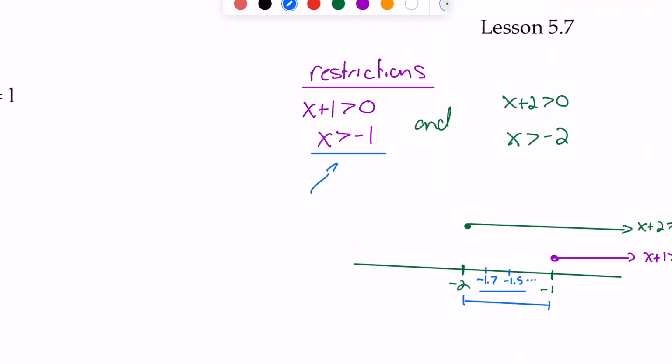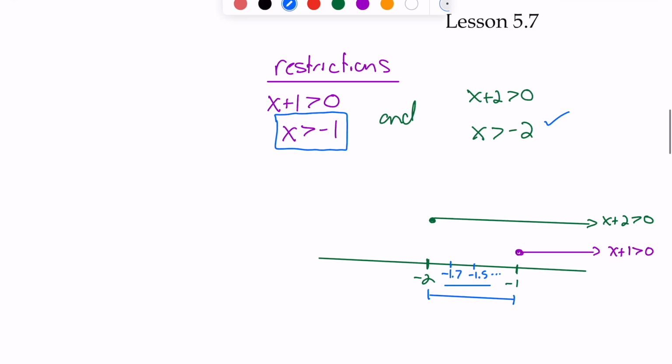If you think about it in terms of which one is more dominant, which one is telling you the true restriction, it's going to be this one, because anything that satisfies this constraint will also satisfy this one, okay?